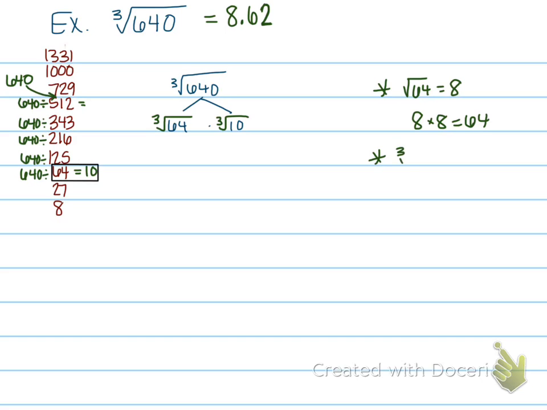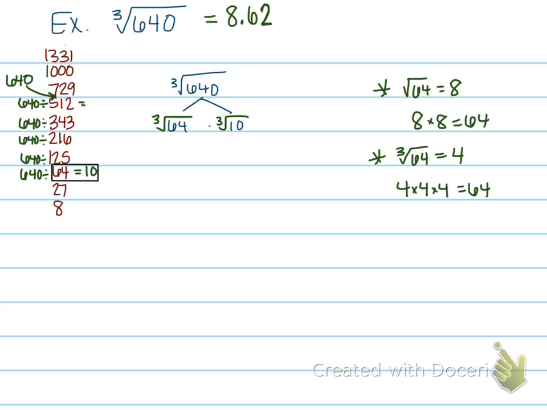But the cube root of 64 is equal to 4 because 4 times 4 times 4 equals 64. This is the only number that appears on both lists. Be careful when you're doing square roots and cube roots that you pay attention to the 3 being there or not being there so you don't make a small mistake.